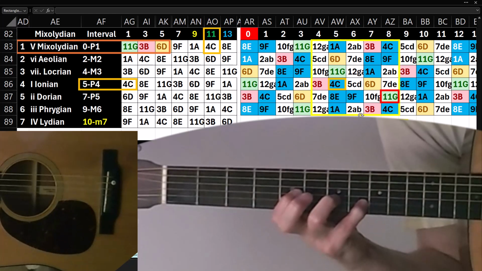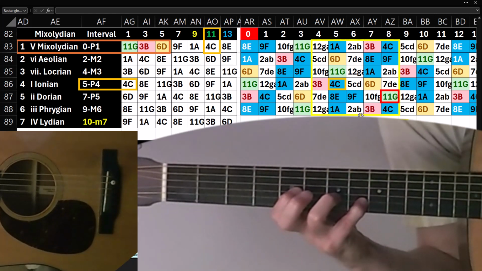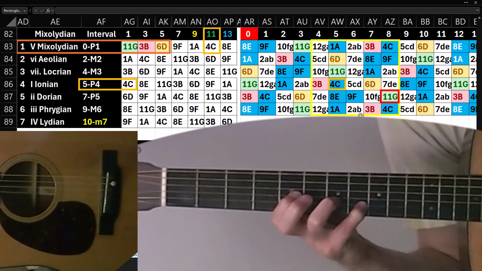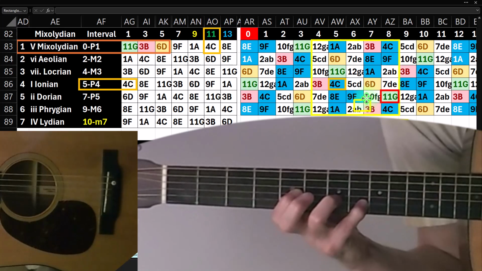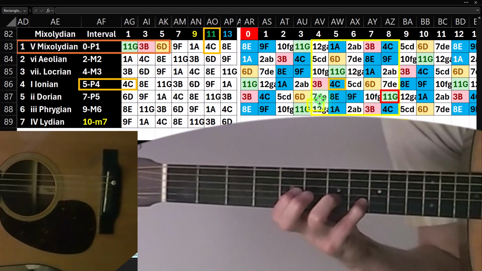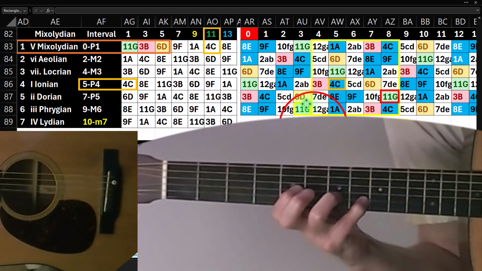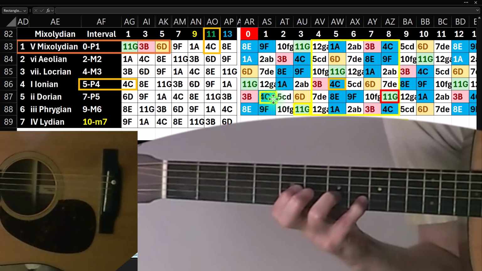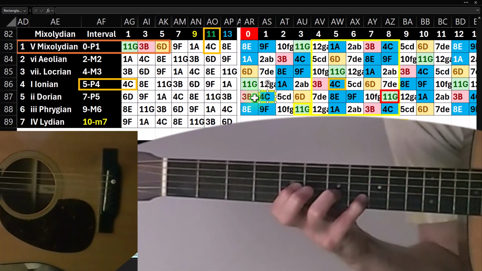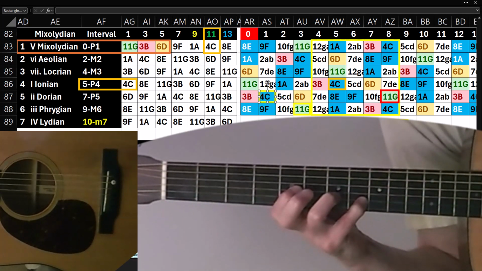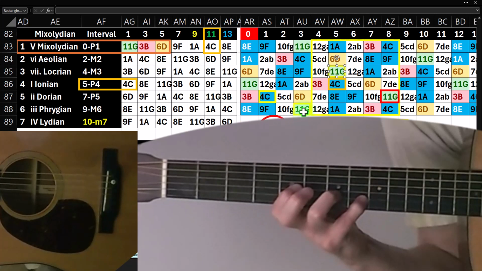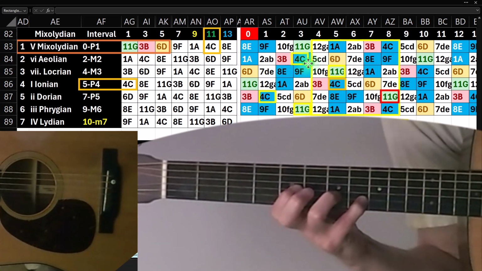Therefore, if I go up 1 string, the 5-note away perfect fourth is going to be 3 frets back if I cross the fault line. But I wouldn't cross the fault line if I was here on the bottom. The only time I would cross the fault line is on the string if I was going up 1 string. So if I was here or if I was here, I wouldn't cross the fault line.